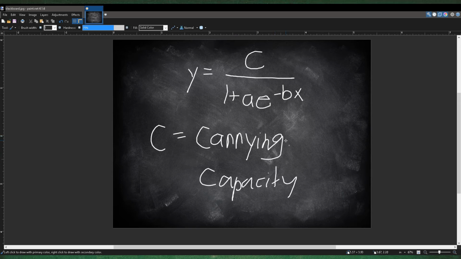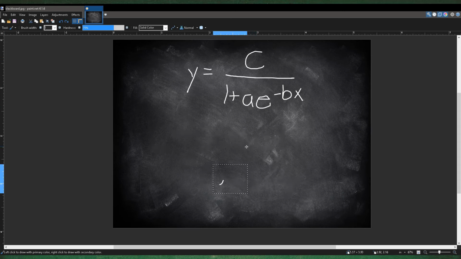Because it cannot go over this number. What a logistic model usually covers is populations. The news usually says that a population is increasing exponentially.